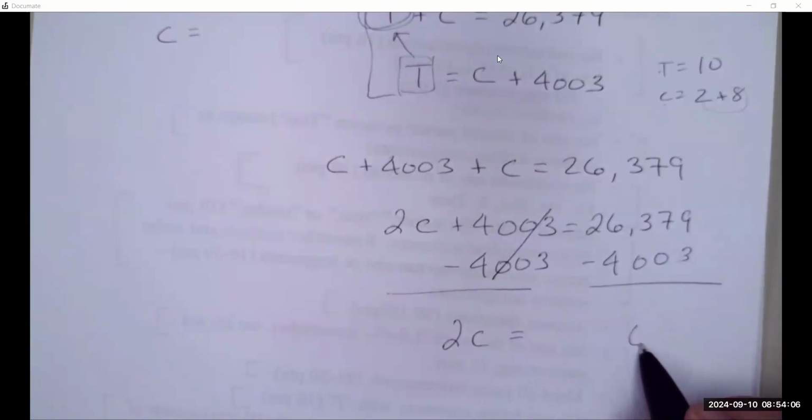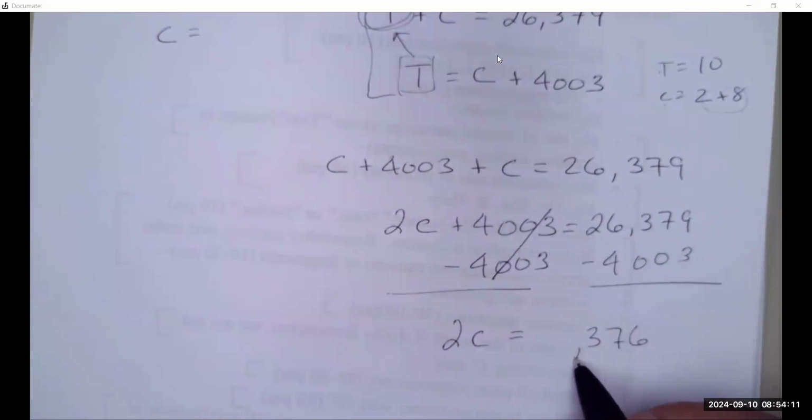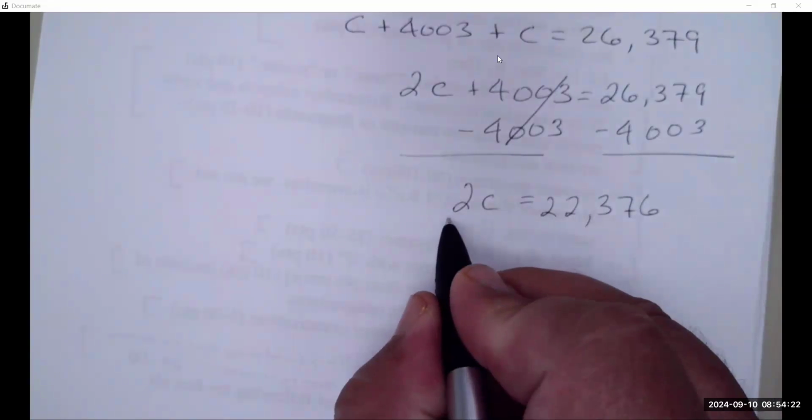Nine minus 3 is 6. 7 minus 0 is 7. 3, 6, 2. And divide by 2.